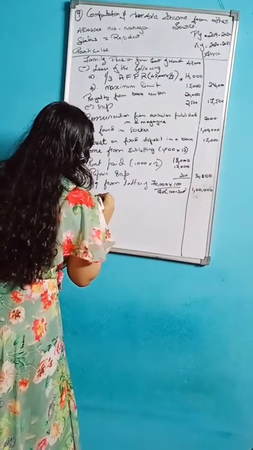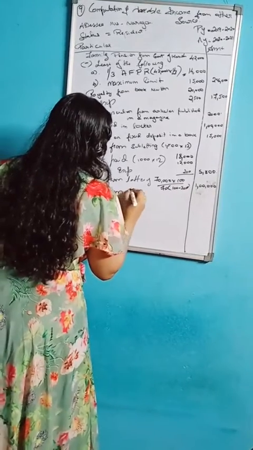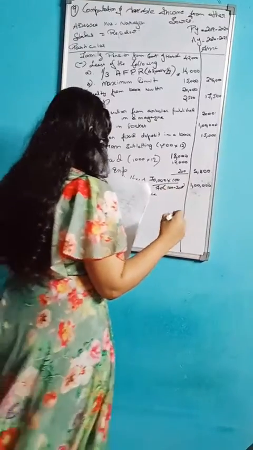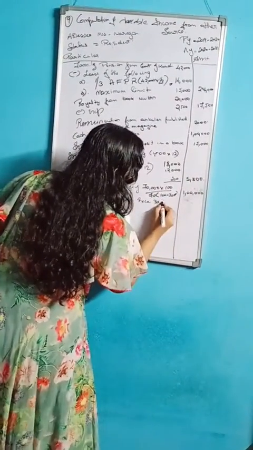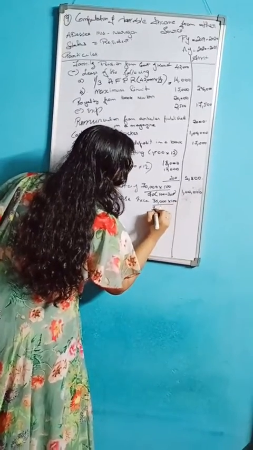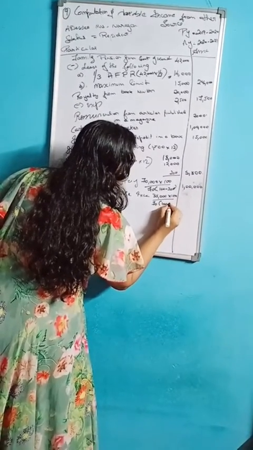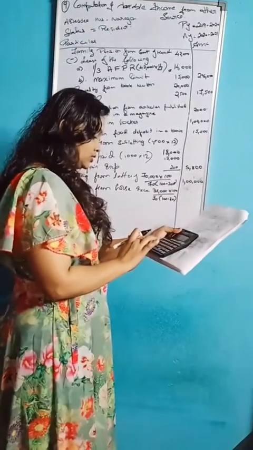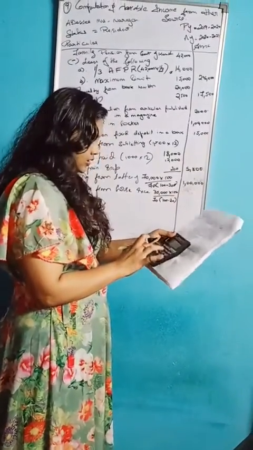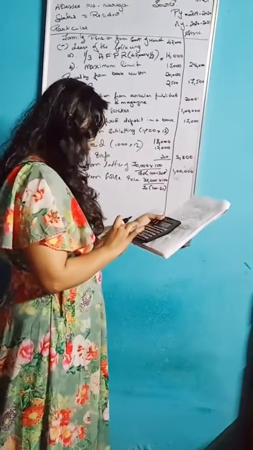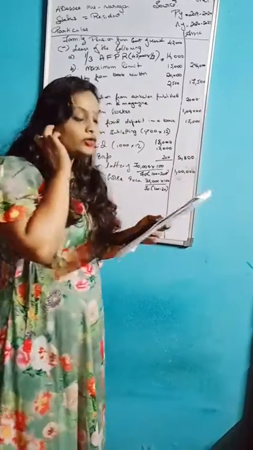So 35,000 into 100 divided by 70, you will get 50,000.